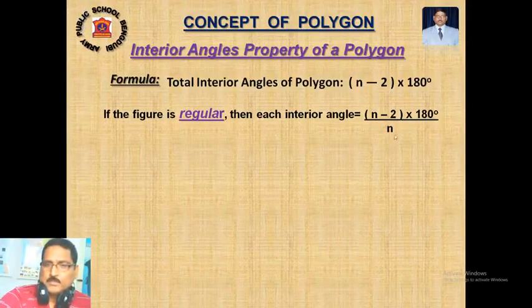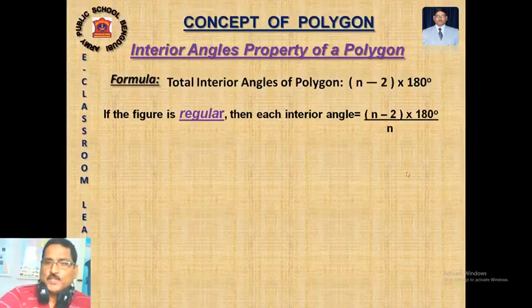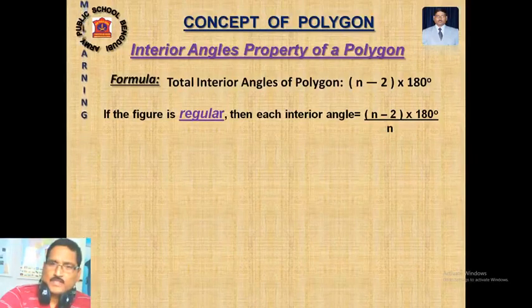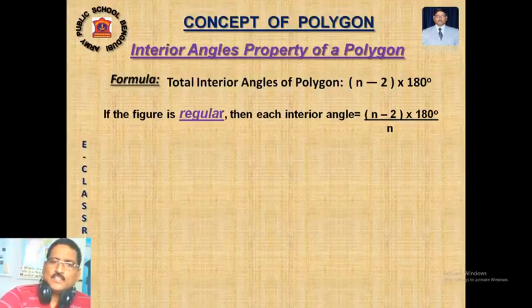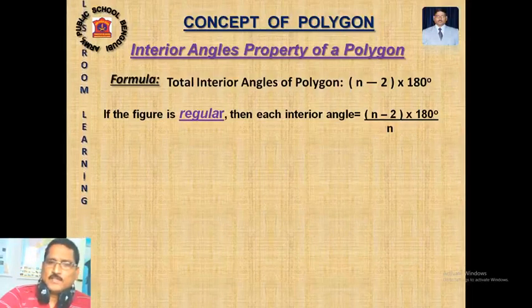You see, if the figure is a regular convex polygon, then only you can find out each interior and each exterior angle. If the figure is regular and the number of sides is given, you have to find out each exterior angle. So 360 divided by the number of sides equals the angle, and 360 degree divided by each angle gives you the number of sides.